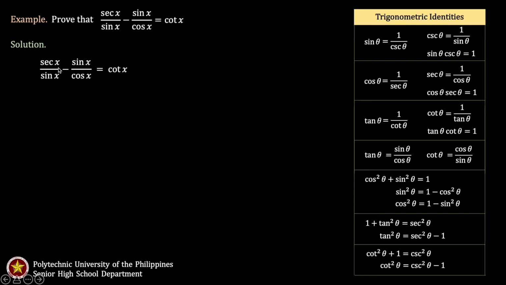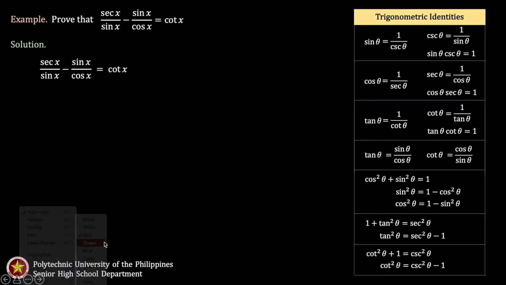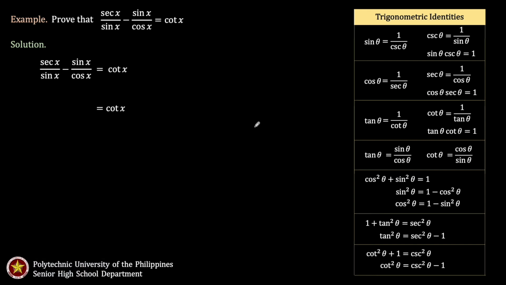Secant x is equal to 1 over cosine x, right? So that's our second identity on our table. So we can change that from secant x to 1 over cosine x. Then bring down the remaining terms as is. Evaluate this one. So 1 over cosine x times 1 over sine x.